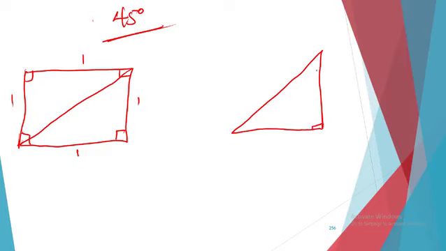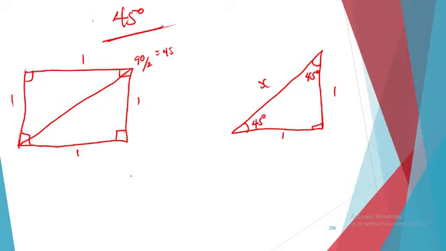This angle is 90, and this angle is 90. When you bisect it, that is now 90 divided by 2, which will give you what? 45. So here is our 45 degrees. Also here is 90 divided by 2, which will give us what? 45 degrees. So this side is 1, this side also is 1.